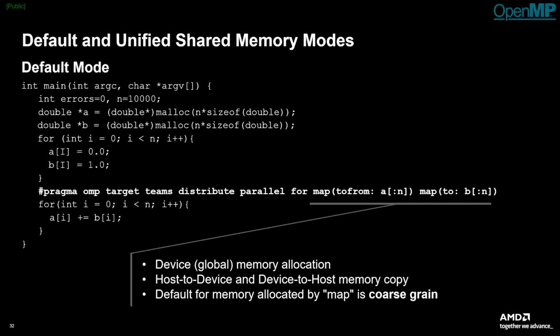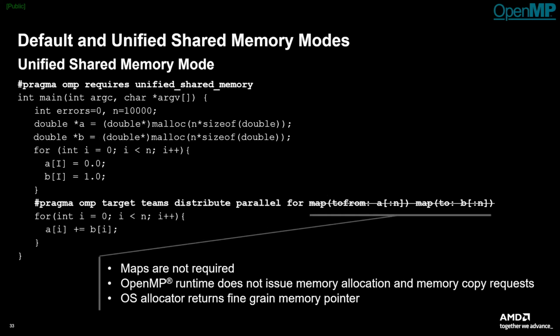And when it does that, it's going to make it coarse-grained. So we don't need to do that map call. It just changes the behavior of the memory. So we take that map out. The migration of the memory will occur, and our malloc, which was fine grain, will then also cause it to be fine grain on the GPU.